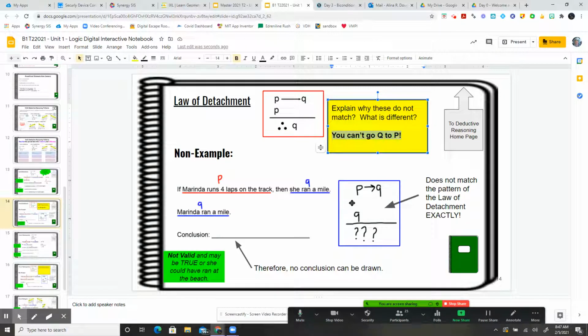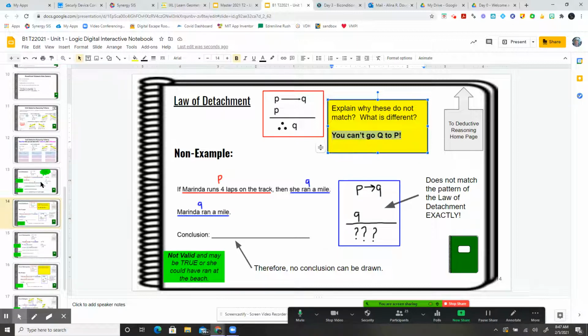You can't go backwards from the conclusion to the hypothesis, right? Because we just saw the biconditionals don't always work. Of all of those true-false statements that we had the other day, only 4 of them could be written QP. So this is not a valid pattern. Okay.